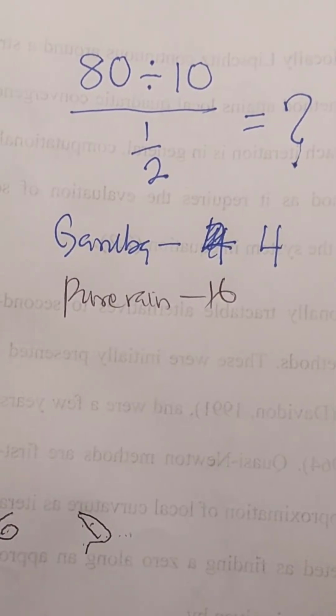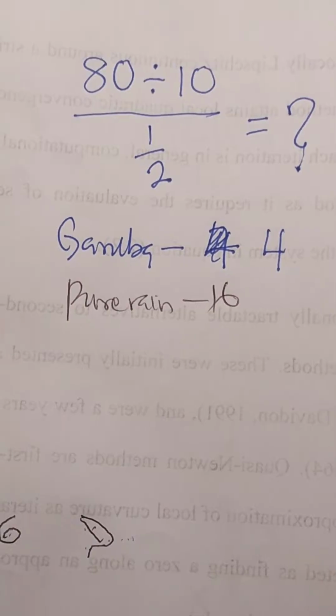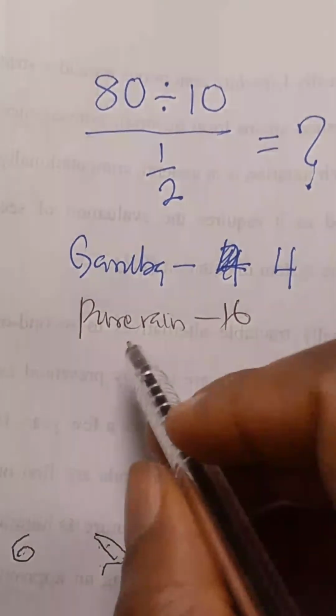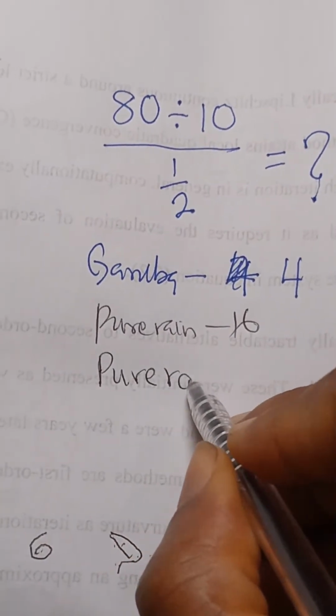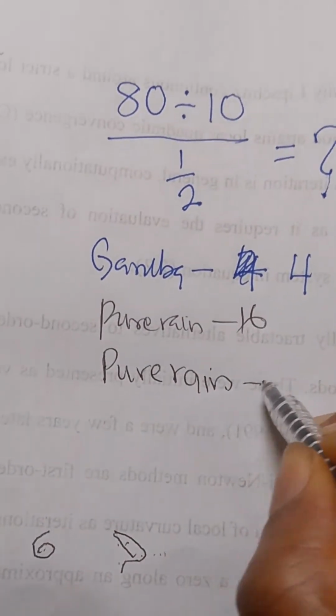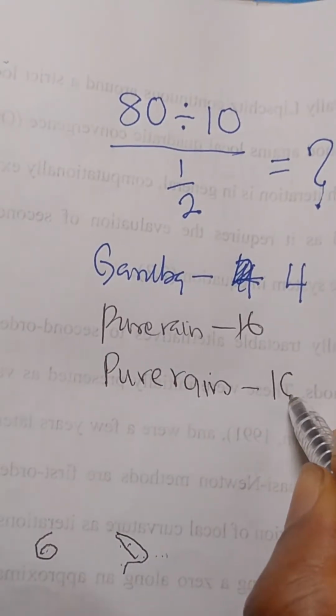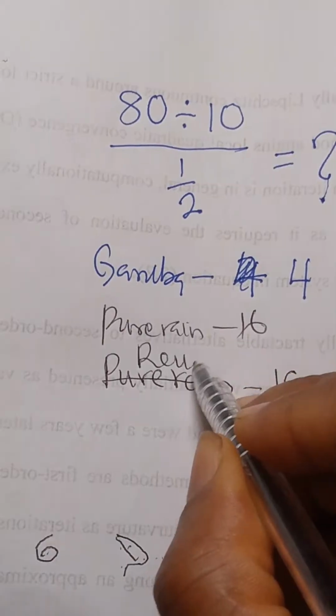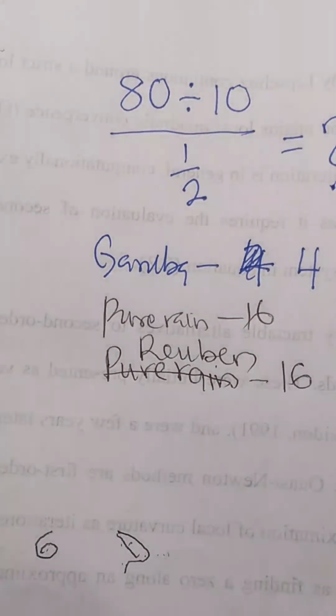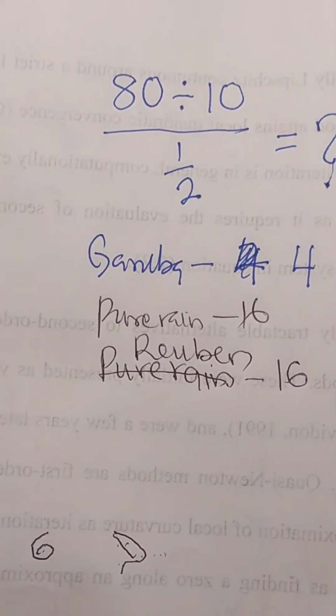Ruben 16. Purin says this BODMAS or PEMDAS. Purin, BODMAS and PEMDAS, they are the same thing. The difference between BODMAS and PEMDAS is location.